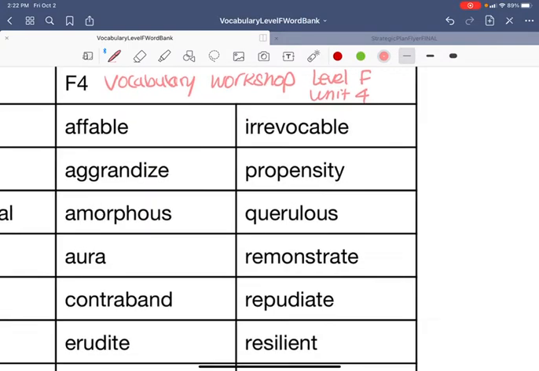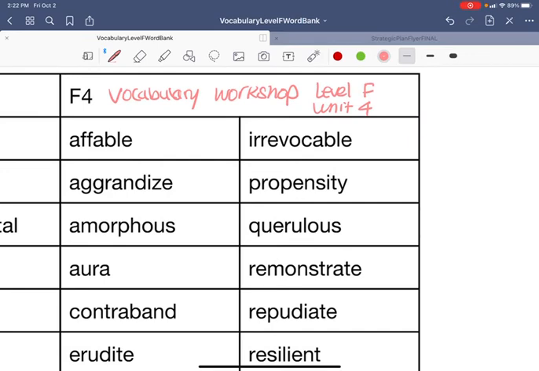Let's start with our first word, affable. So the way this word breaks down, it's not exact breakdowns, but able, and the root here in the middle comes from this Latin word called fari.